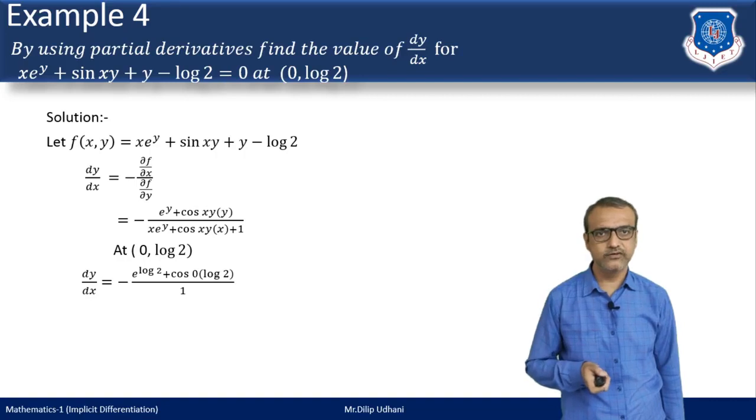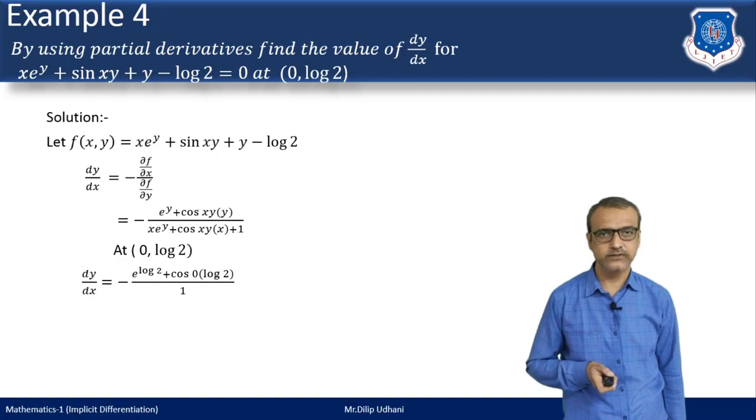The value of x is 0, so the first term becomes 0. In cos xy into x, putting x equals 0 it becomes 0. And the last term is 1. So dy by dx is minus e raised to log 2 plus cos 0 into log 2 divided by 1.